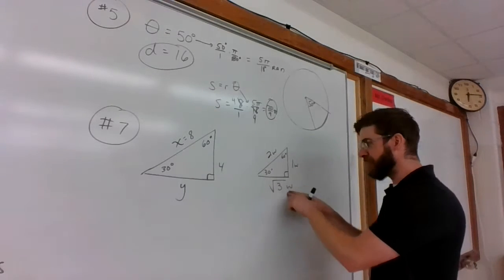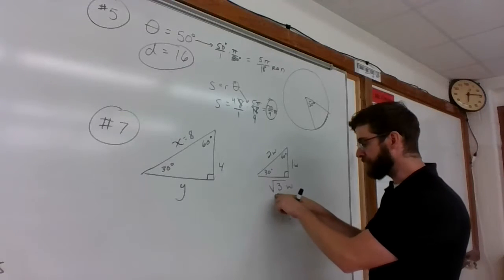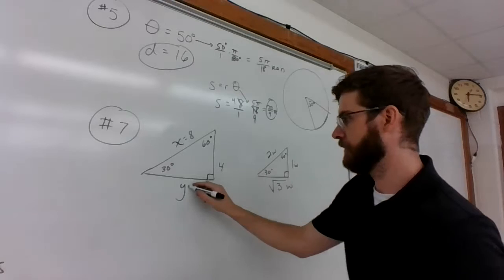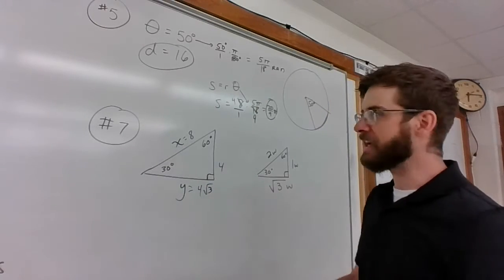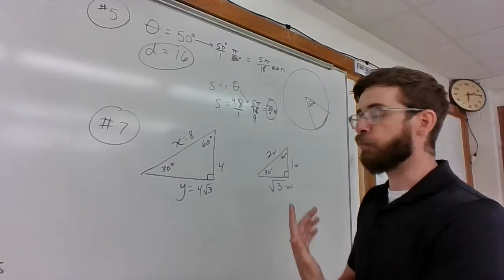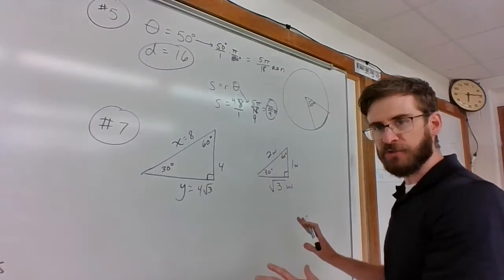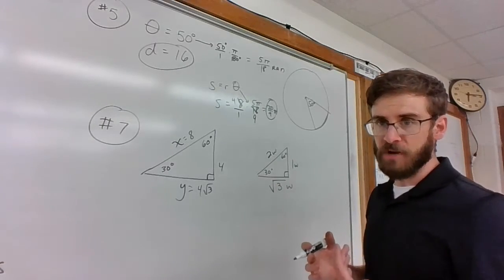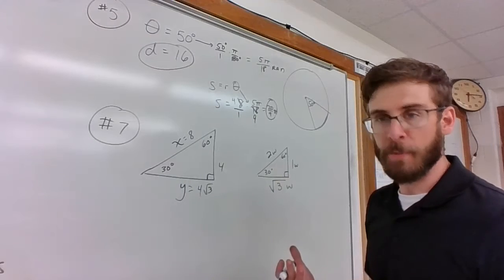So that W is actually going to be 4, and this one's going to be root 3 times 4, or 4 root 3. So I guess make sure that you guys recognize and remember this ratio for a 30, 60, 90 right triangle, which is also a 60, 30, 90 right triangle, just based on what perspective you're using.